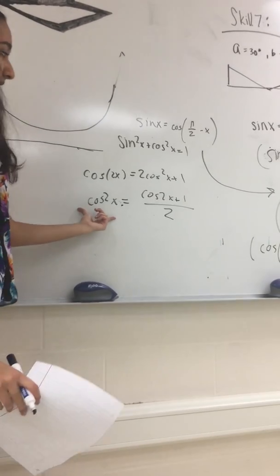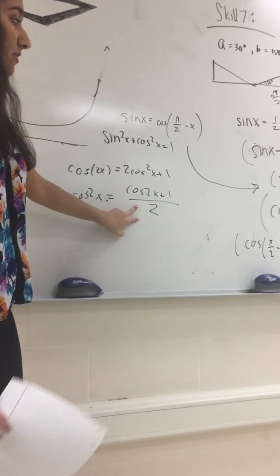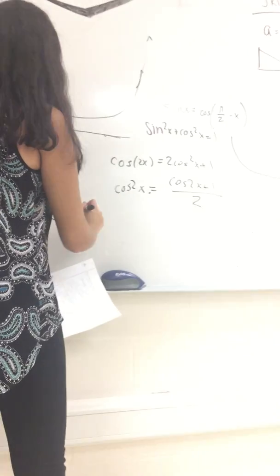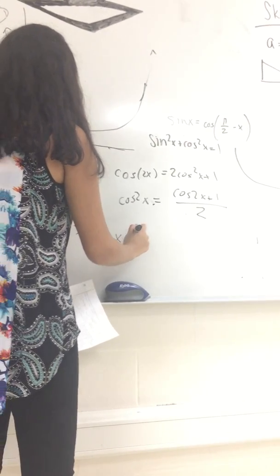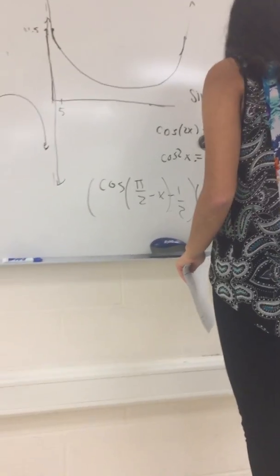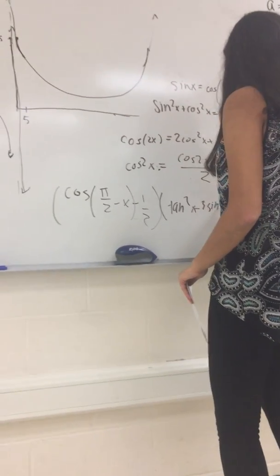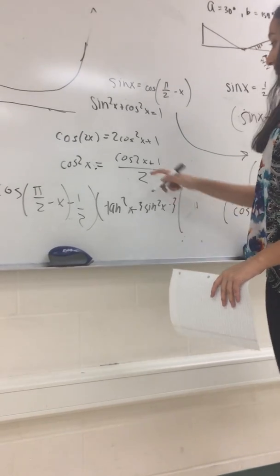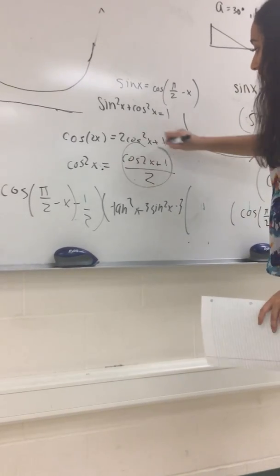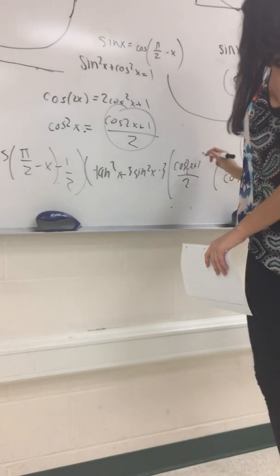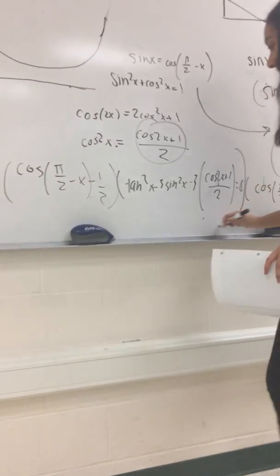So I substituted this in for cosine squared x, and I would get my final equation of cosine of pi over 2 minus x minus 1/2, multiplied by tan squared x minus 3 sine squared x, and then instead of the negative 3 cosine squared x, it would be minus 3 times the cosine of 2x plus 1 over 2, and that is equal to 0. So that would be your final equation.